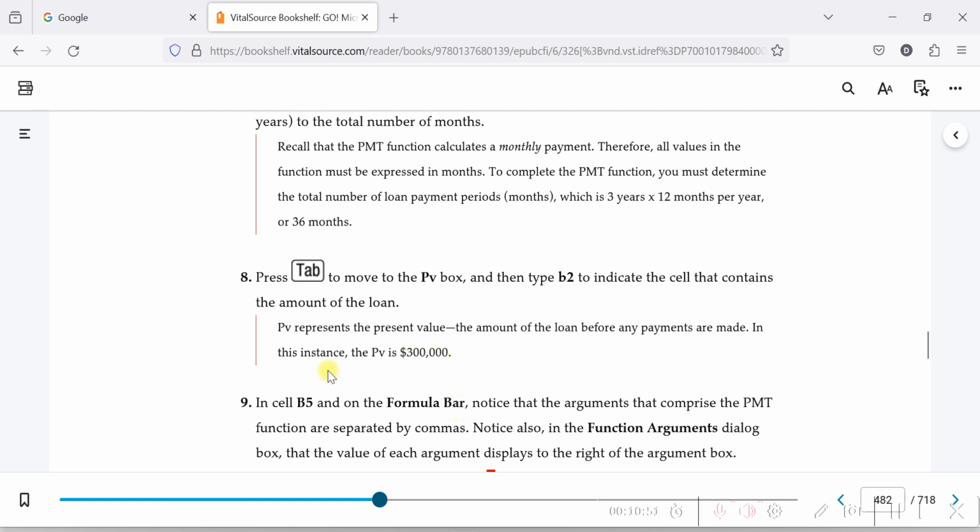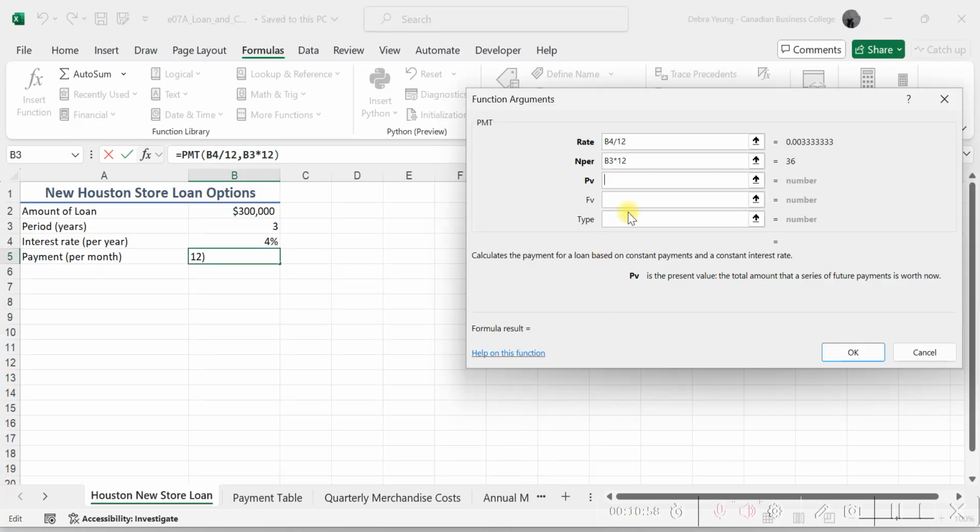So we're going to type in B2. Now, it's going to give us a problem, but we're going to fix it. We don't need anything for FV. We don't need anything for Type.